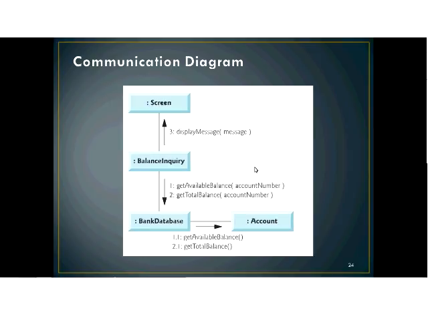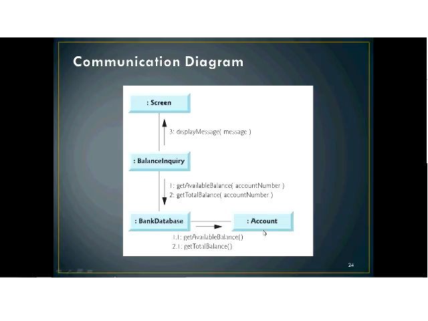As we can see here, the first message sent is the get available balance message sent to the bank database, who then sends that same message to the account class. And then that message value is returned to the balance inquiry. Then we move on to number 2, which is the get total balance, which is passed to the bank database.